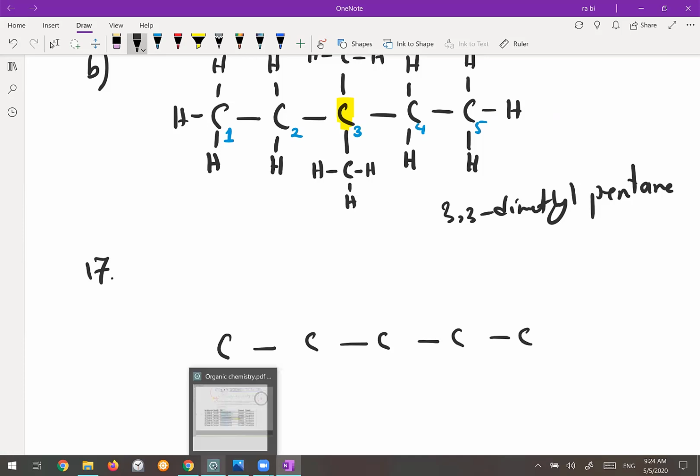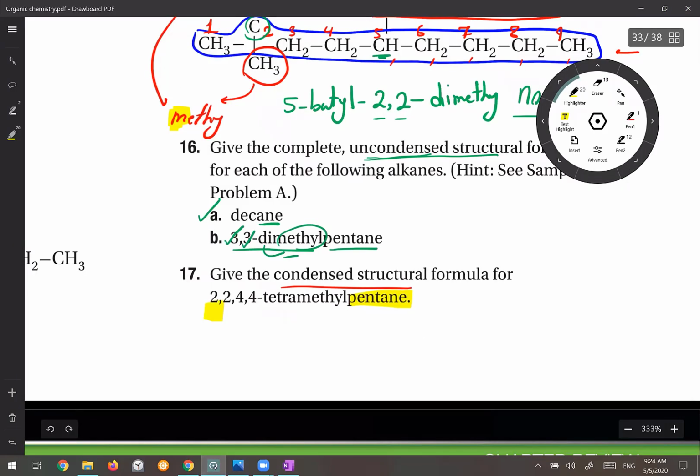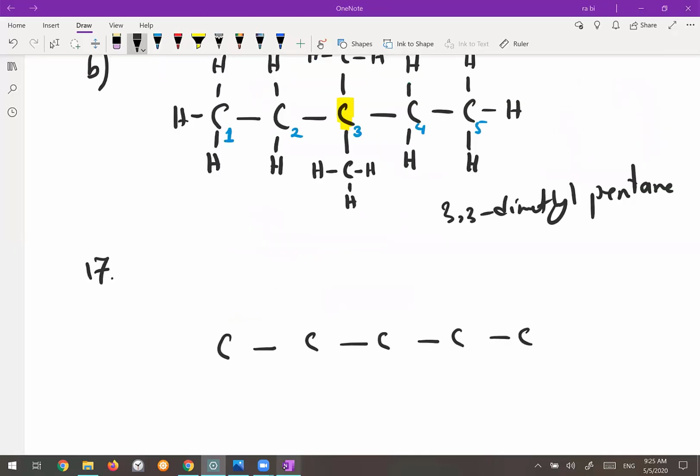And what are my branches? It says in the second and in the fourth position, we have 4 methyls, tetramethyl. So we have 4 methyls. Two of them are in the second position and 2 of them are in the fourth position. So I add the methyls in the second and fourth position of my parent hydrocarbon.